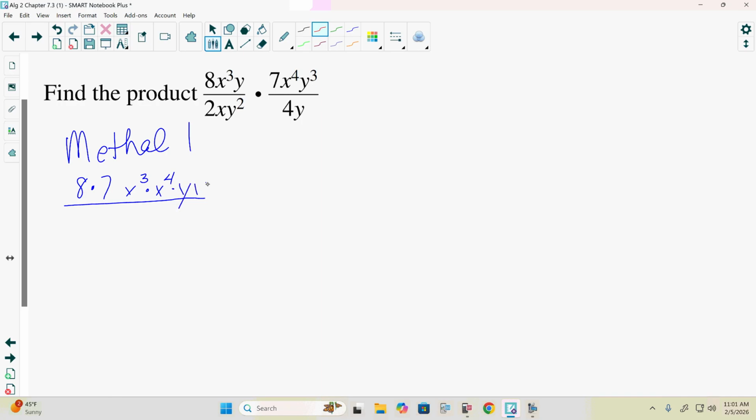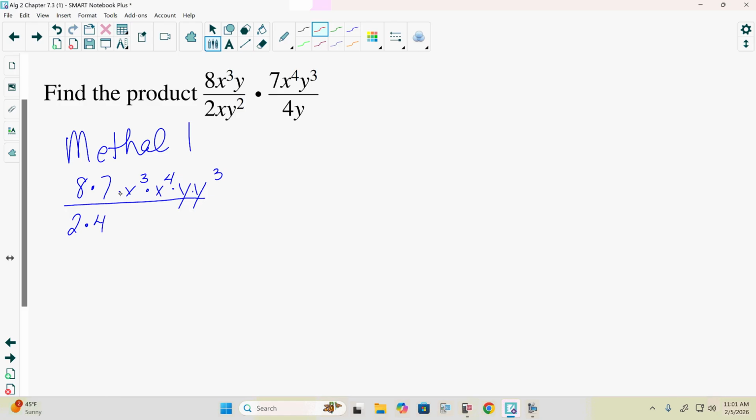And then we have y times y cubed. Because again, we multiply straight across. And the nice thing with multiplication, order does not matter. If we multiply 8 times 7, 7 times 8, we still get the same number. X to the third times x to the fourth, y times y cubed, same amount.